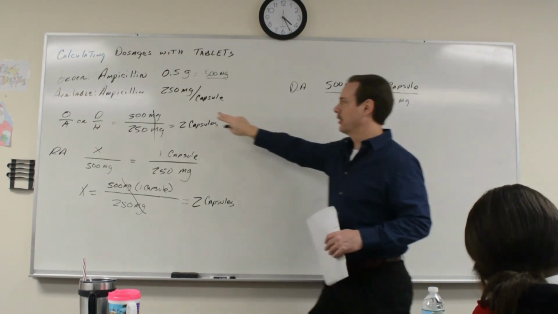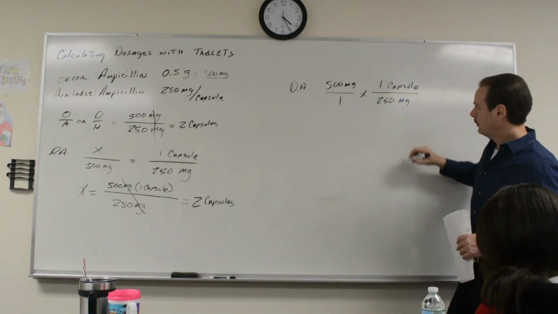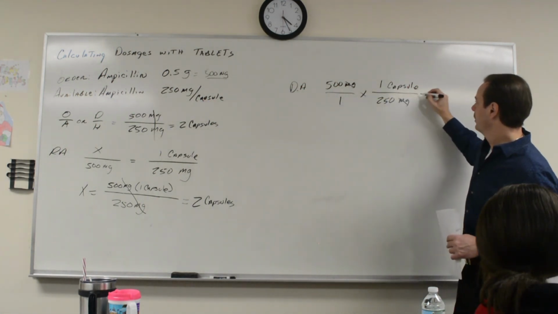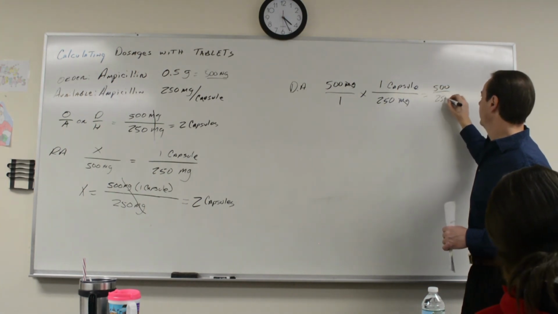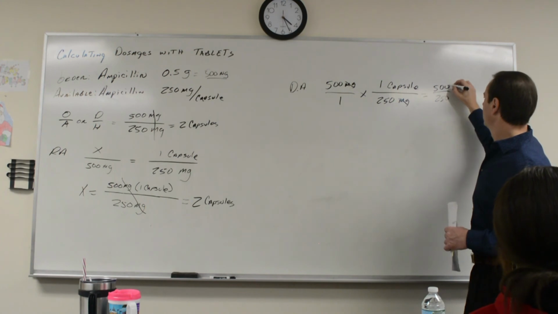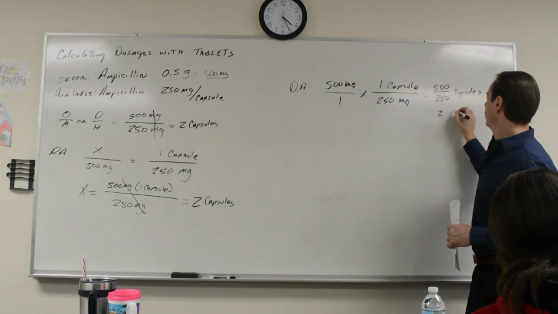Now remember, this is like your conversion, because every capsule has 250 milligrams. In this case, milligrams cancels. This is going to equal 500 divided by 250 capsules, so 2 capsules.